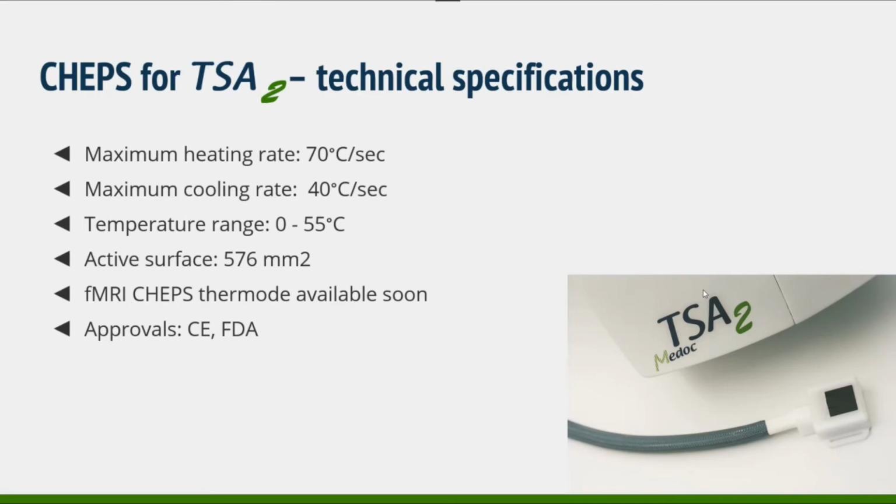And last but not least, we have CE and FDA approvals for this system, including the CHEPS accessory. And this is important for two reasons. First of all, it is important for your university IRB or ethics committee or your hospital biomedical engineering department. It is usually a request. So if needed, our local distributors can supply these certificates to you for your use.